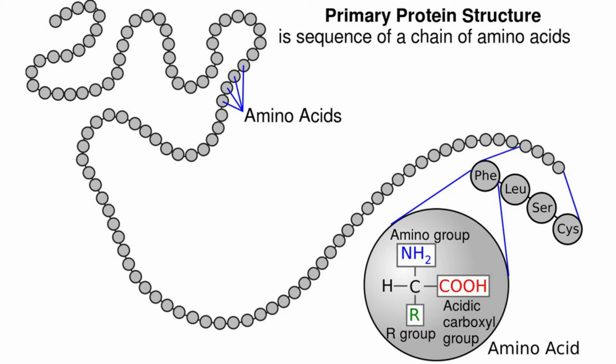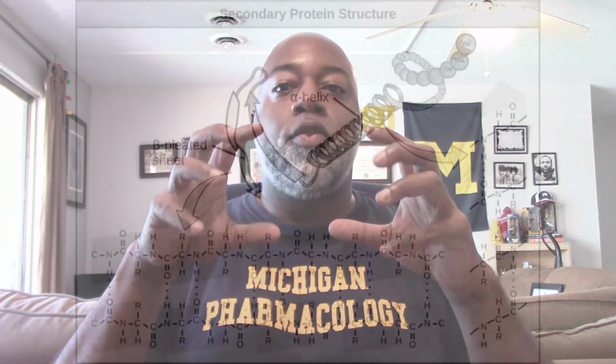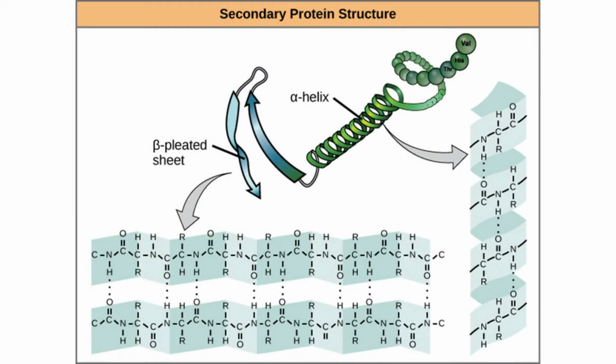And then depending upon the properties of those amino acids, they arrange themselves naturally in alpha helices or beta pleated sheets. So when you think about the tertiary structure, now you're thinking about how those two lower levels are coming together so that you get a three-dimensional structure.